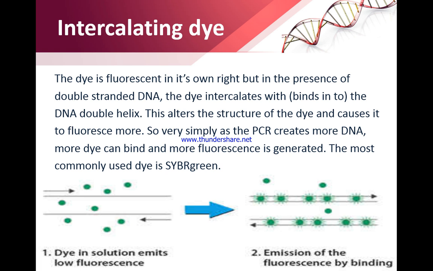Dye in solution emits low fluorescence, while on my right, if you can see, emission of fluorescence by binding to DNA produces more fluorescence. So we can get an idea in real time when there is PCR going on.